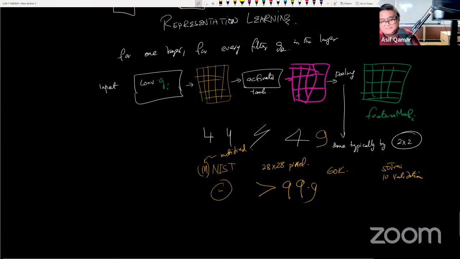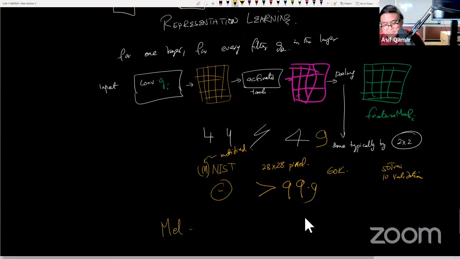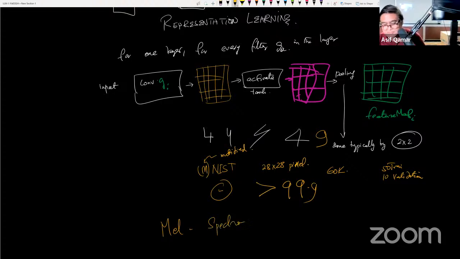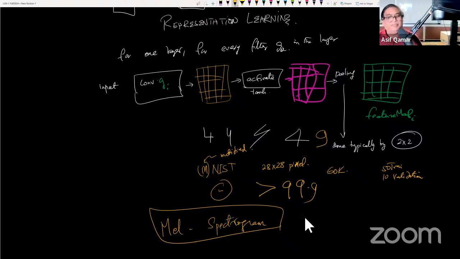Let me write it. MEL spectrogram. You need not do the MEL part, or do it, whatever. The libraries are all there in the Python open source.